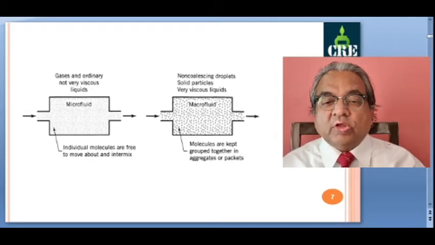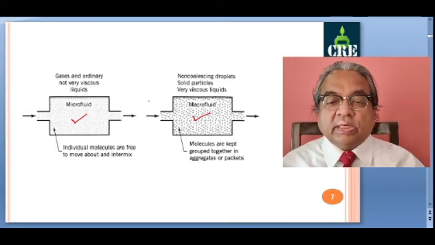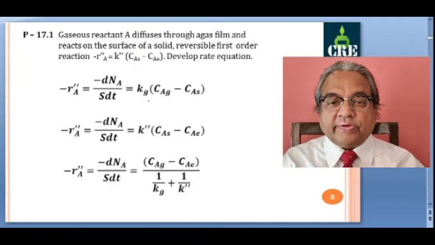Macrofluid, here the molecules are kept grouped together in aggregates or packets. So molecules are grouped together, and this is macrofluid, and this is microfluid. So in macrofluid, non-coalescing droplets, solid particles and highly viscous liquids are included.